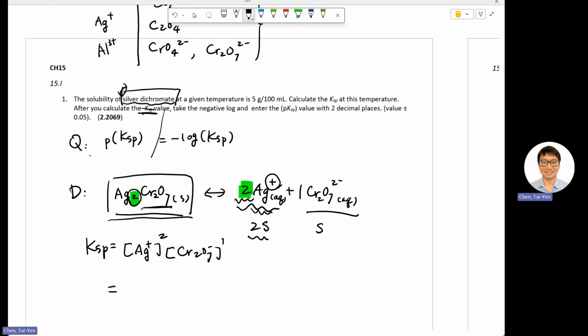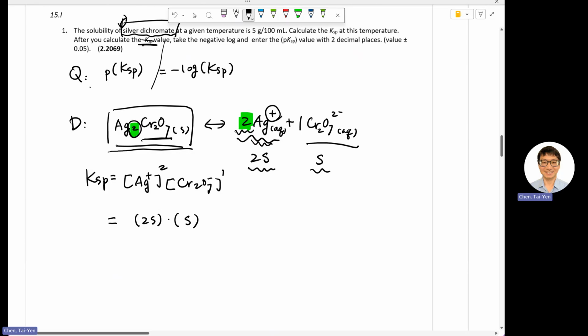Since the Ag concentration is 2S, this will be 2S squared times S for your Cr2O7 2 minus. Therefore, your KSP will equal, sorry, 4S cubed.